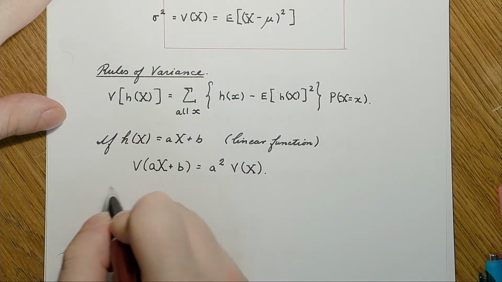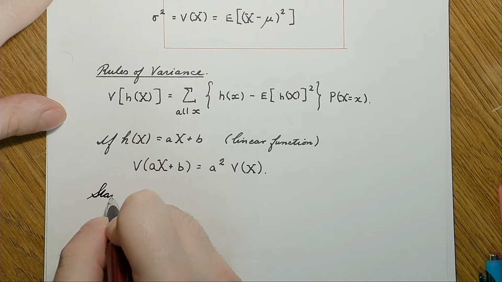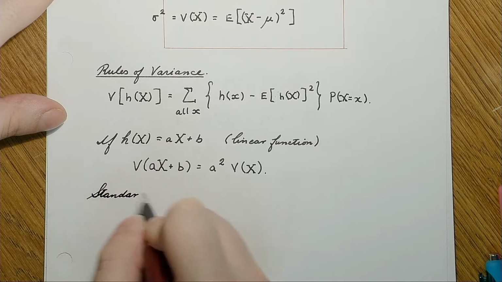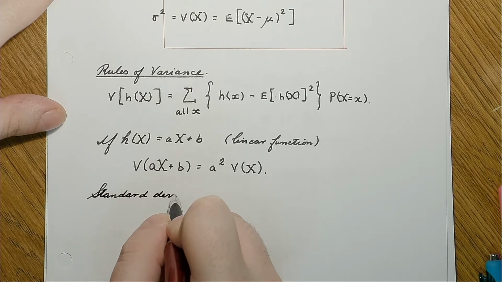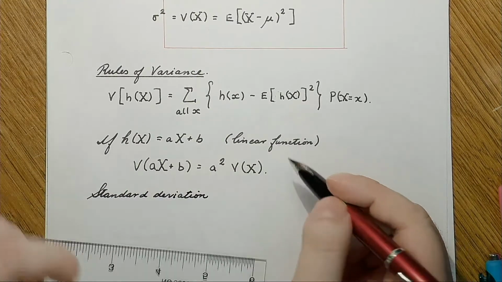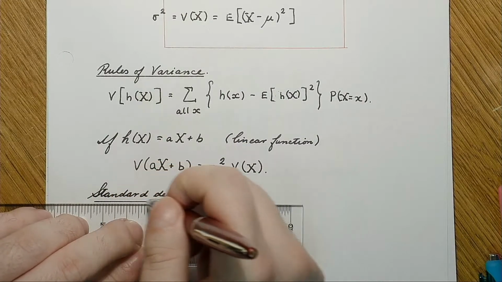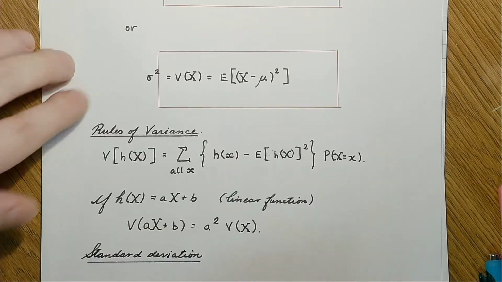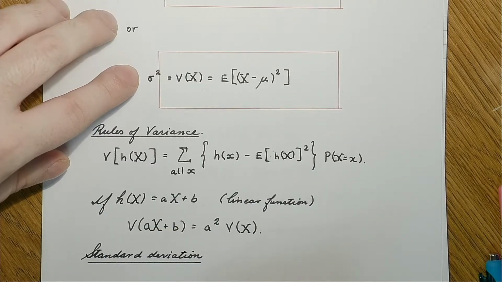Lastly, we had talked about standard deviation before. If you want to calculate the standard deviation, all you have to do is take the square root of the variance.